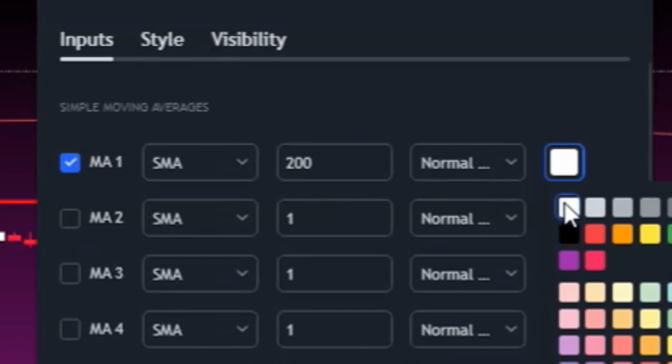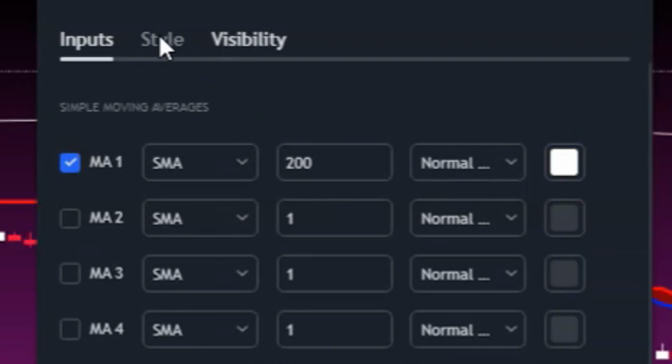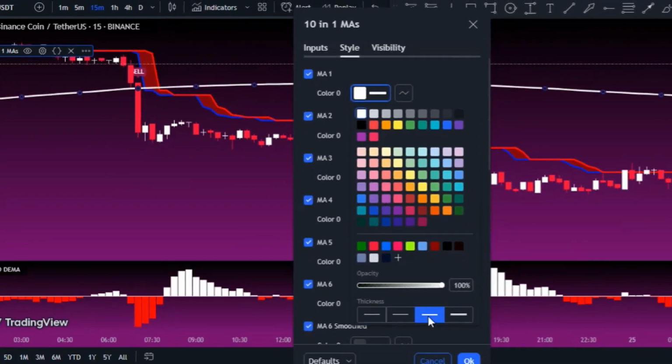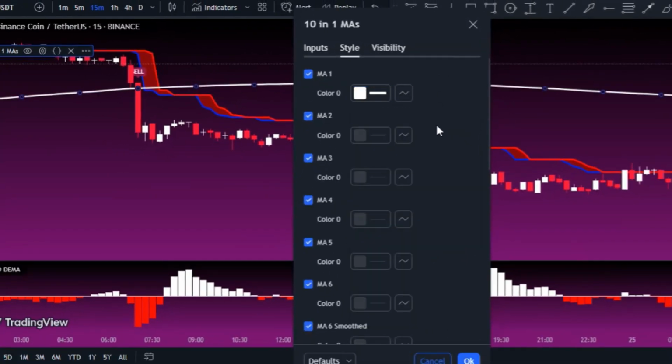Plus, change the color to white. Then within styles, increase the line thickness slightly. Adding this moving average indicator will provide extra confirmation of trends and signals from MACD-EMA.